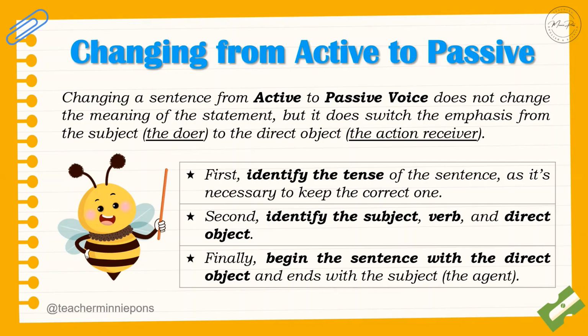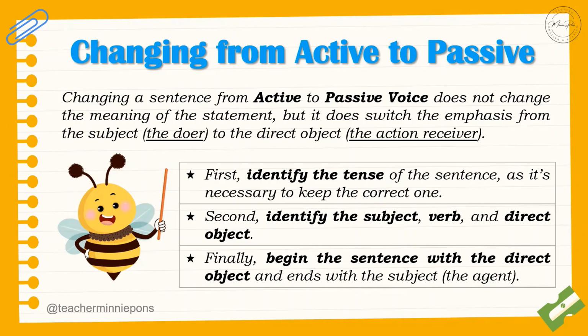Now, how can we change from active to passive? Changing a sentence from active to passive does not change the meaning of the statement, but it does switch the emphasis from the subject, who is the doer, to the direct object, who is the action receiver. Let's see the steps.